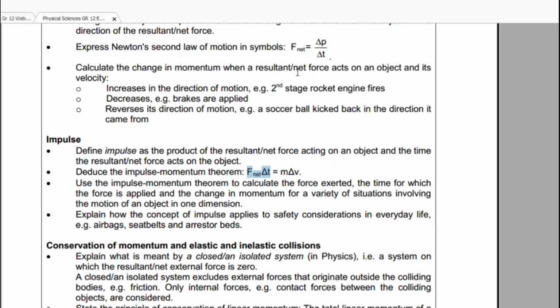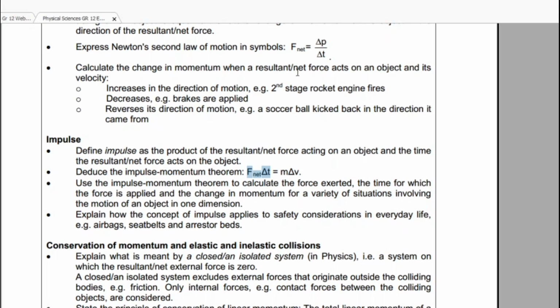The impulse momentum theorem states that impulse is equal to the change in momentum. So if you have impulse, you can calculate change in momentum because impulse is equal to change in momentum, right?